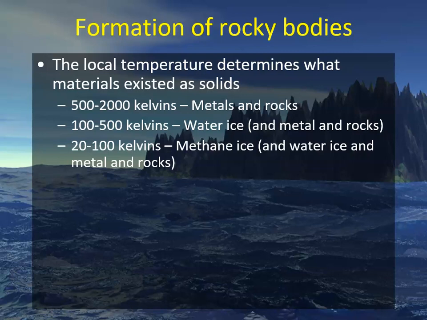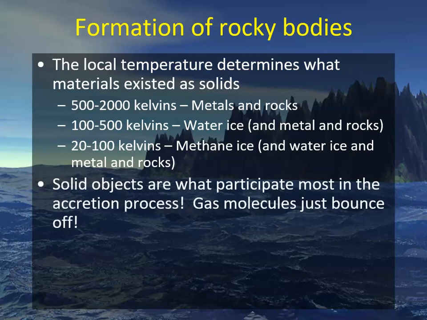If the temperature is higher, you're going to be dealing with things that are more like metals and rocks, things that we think of as metals and rocks, that is. And then a bit cooler than that, you can deal with things like water ice. And then really far out, you're talking about methane ice, which is probably why Uranus and Neptune have quite a bit more methane in their atmospheres than do Jupiter and Saturn, which formed closer to the sun.